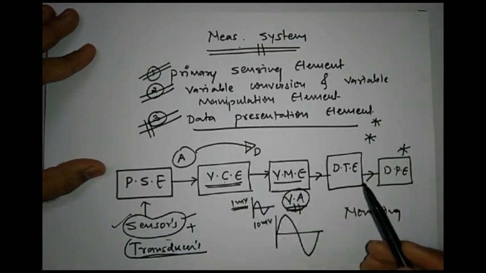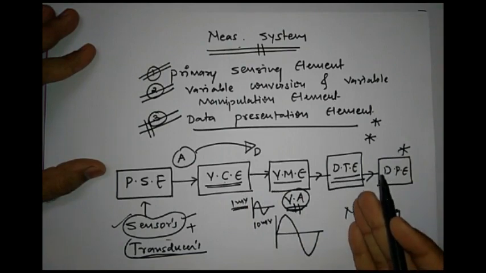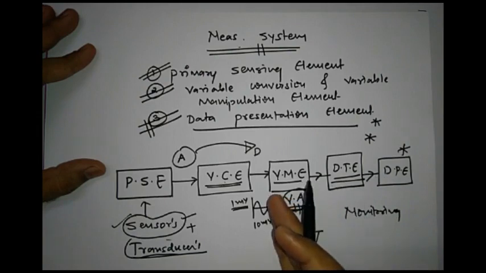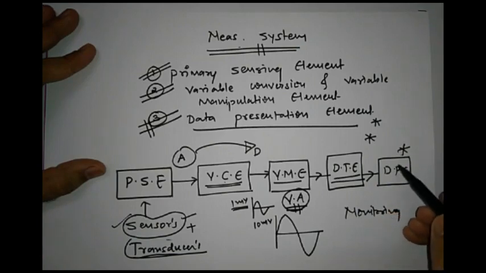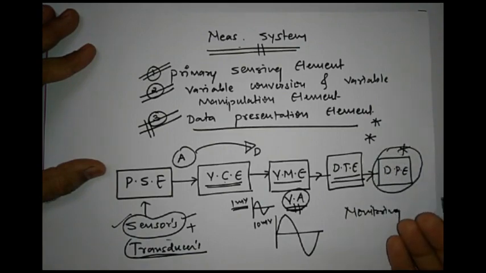Then it is followed by the data transmission element, whose main function is to transfer the value of the signal from one stage of the measurement system to another. And the last element of the measurement system is the data presentation element, whose main function deals with the representation of the measured quantity in a suitable form.